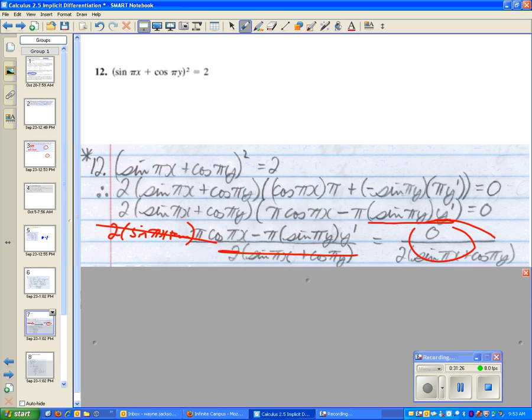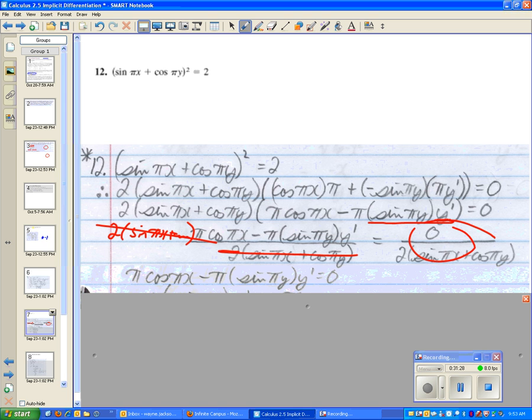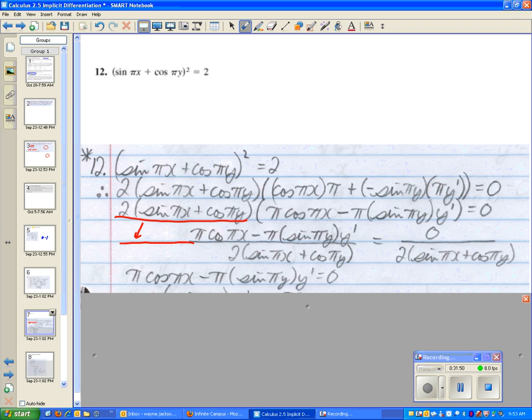That gives me a 0. So I've got pi cosine of pi x minus pi times sine of pi y times y prime equals 0. I just forgot to write that part down again right there. All right, everybody with me?